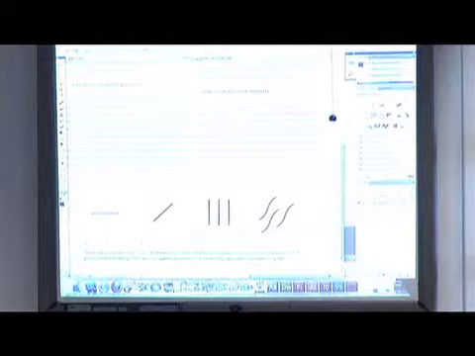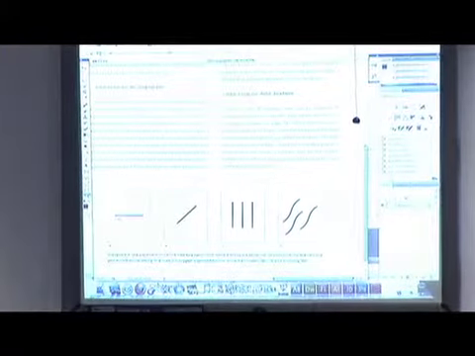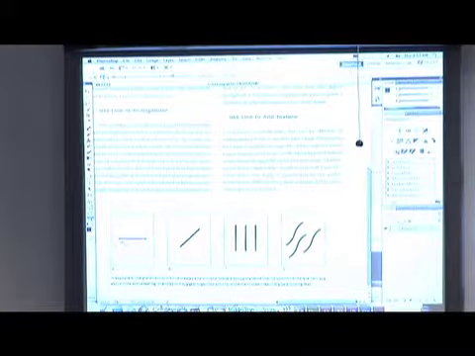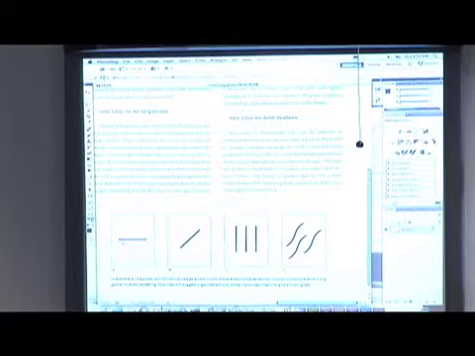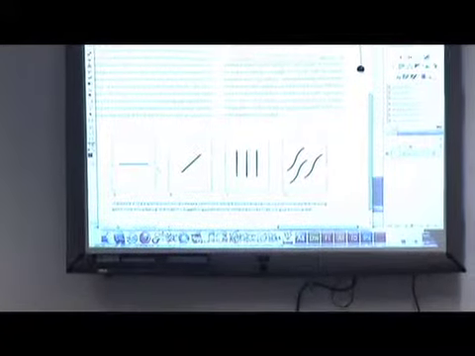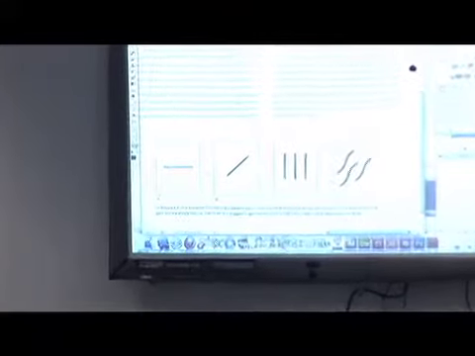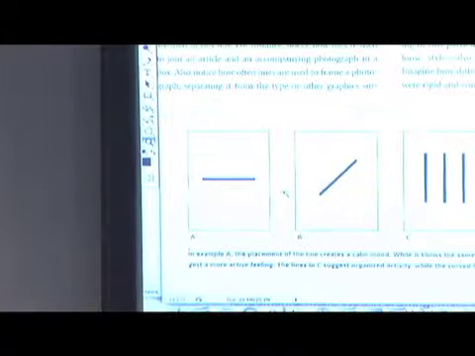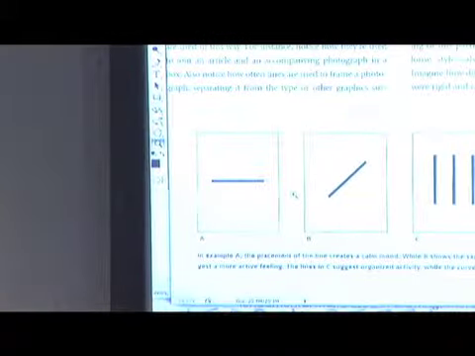Let's look at this example here on the bottom. We talked a little bit about this last class, but let's see if you can tell the difference now that they are side by side. The first one is the horizontal line. What kind of feel do you get from a horizontal line? Stable. Calm.